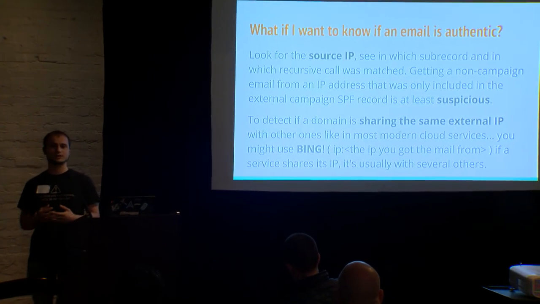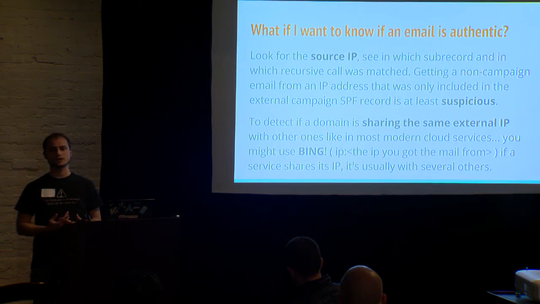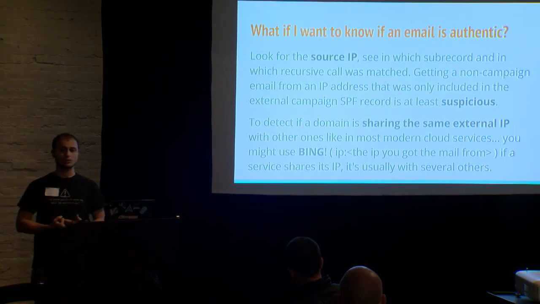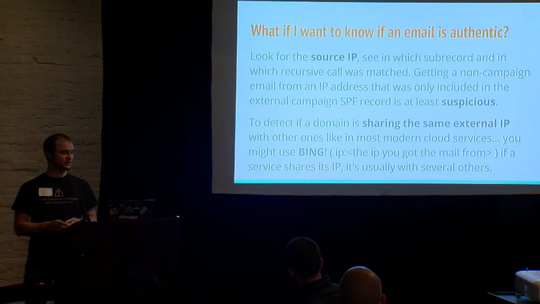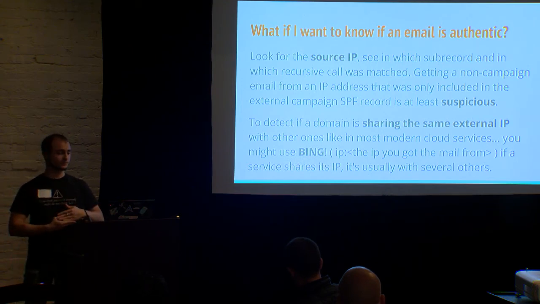What if you receive an email that looks suspicious but passed all the SPF checks and maybe also the DMARC rules? How do you know if the email is genuine or not? In this case, there are two surprises. The first one: you need to look at the email headers, so you have to look into the source of the email and see the first time the email was received by a server.